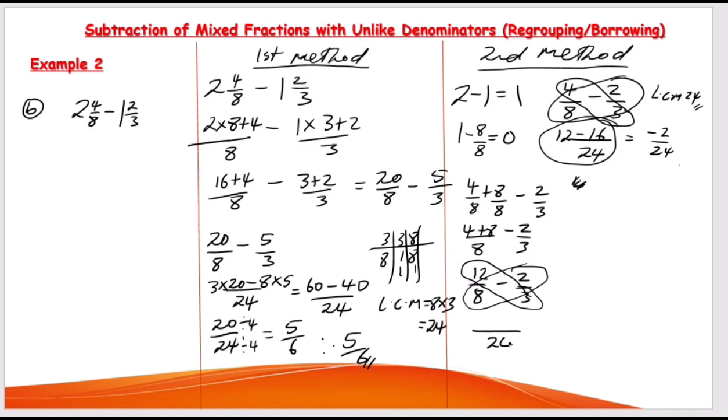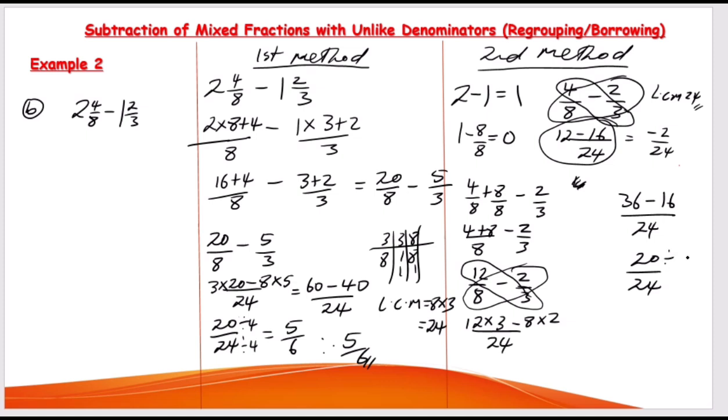Then still consider my LCM. My LCM still remains 24. So I'll be having 12 times 3 minus 8 times 2. Now 12 times 3 will give me 36 minus 16 over 24. Now 36 minus 16 will give me 20 over 24.